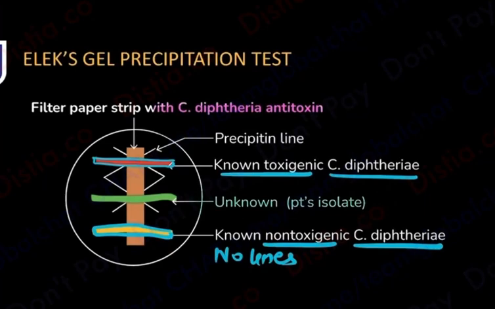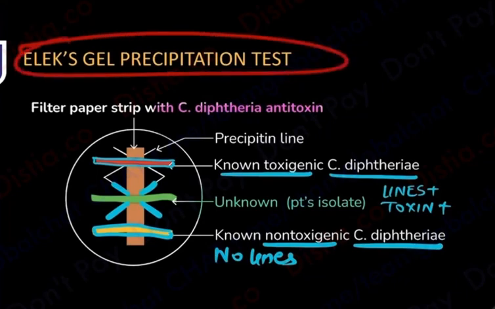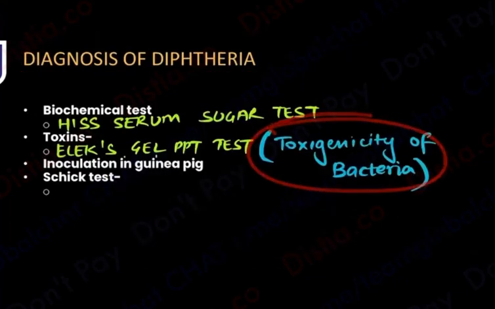I don't know whether my patient has the toxin, but I saw that precipitin lines were formed with the patient sample. So if lines are present, this means toxin is present, so my patient has the toxin. Line present, toxin present; line absent, toxin absent. That is the Elek gel precipitation test. It tells you about the toxigenicity of the bacteria.